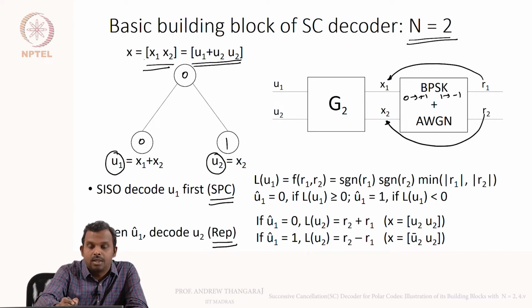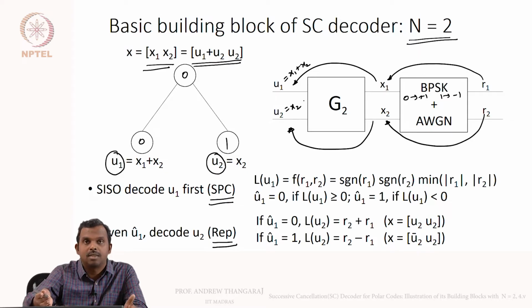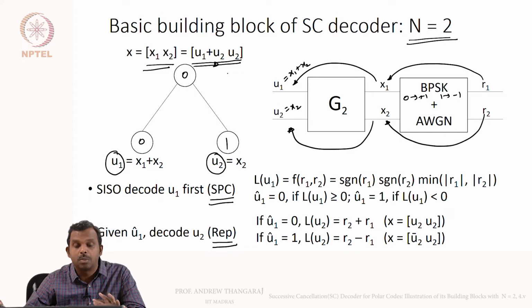We write x in terms of u1 u2, the kernel going in this way. You can actually invert the kernel and go back in this direction. How do you do this? u1 is x1 plus x2 and u2 is x2. It's simple: you XOR these two, you get u1.